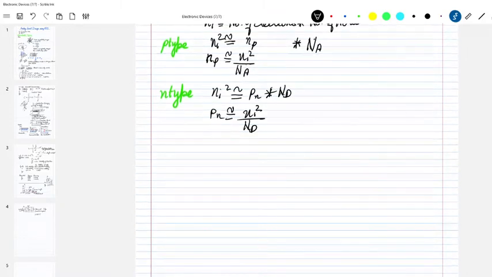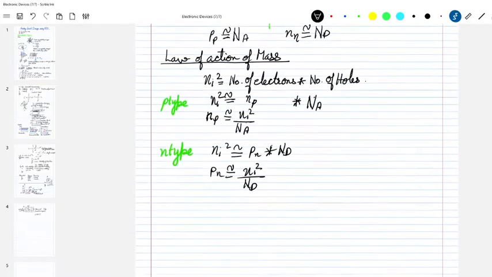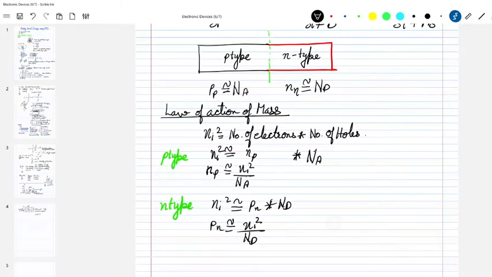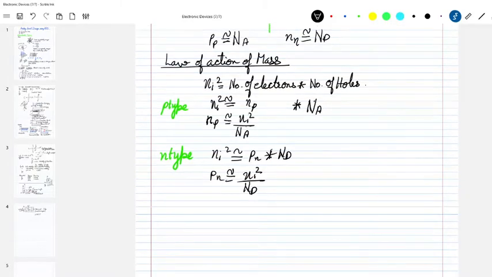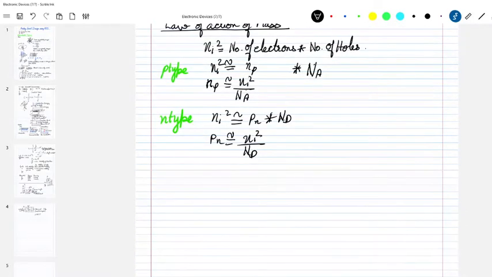Okay, so now we are clear on what the majority carriers are. Majority carriers on the p side are holes which are Na per meter cube. My majority carriers on the n-type side are going to be electrons which are Nd per meter cube. Then minority carriers on the p side are going to be electrons Np, which is approximately Ni square over Na, and minority carriers on the n side are going to be holes which are approximately equal to Ni square over Nd.